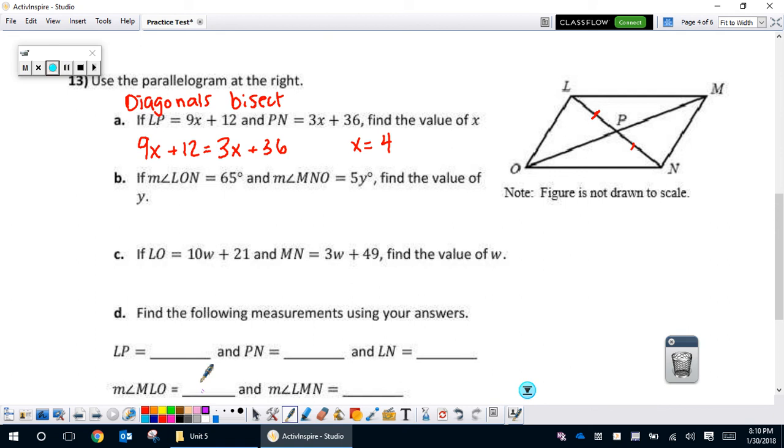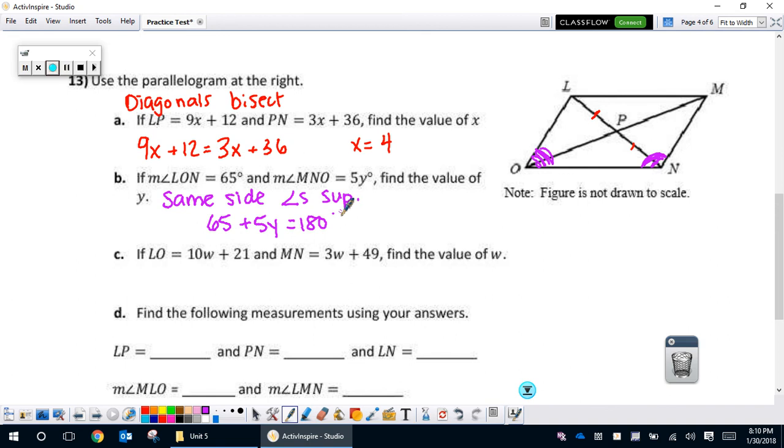Okay. Now we have angle LON, which is this whole angle here, is 65 degrees. And angle MNO is 5y degrees. So these are same side angles, which means they're supplementary. So I'm just going to write that property down, which means they add up to 180 degrees.